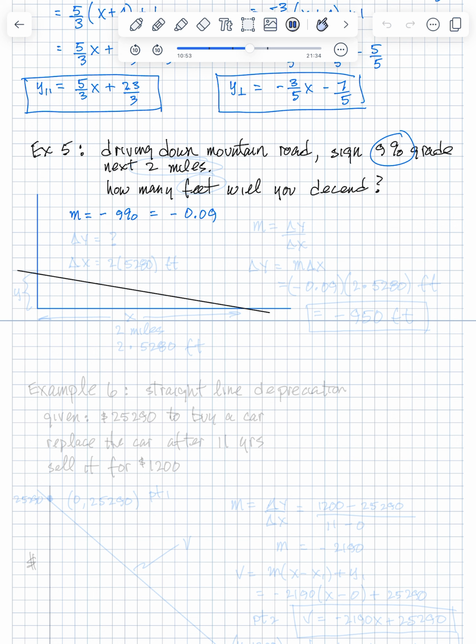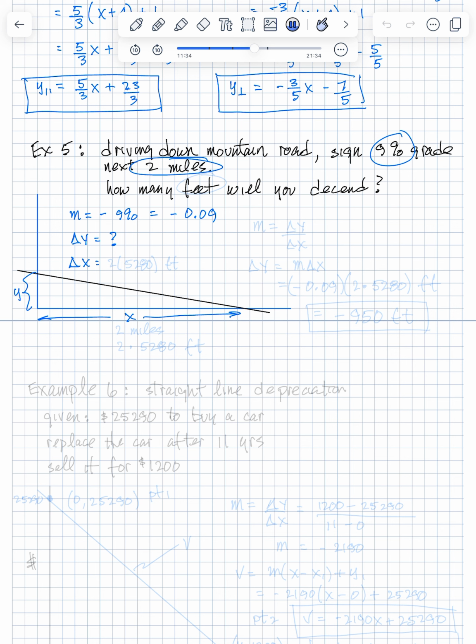Okay, and we're trying to find delta y. It's how far you're going to go down. So we want this distance here, delta y. So delta y, change in y, is equal to a question mark. We don't know. Well, delta x, we already know what delta x is. This is the x dimension here. And it says 2 miles is where you're going down.